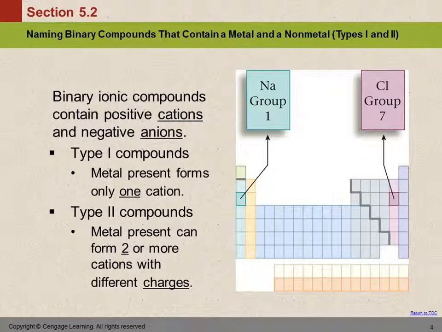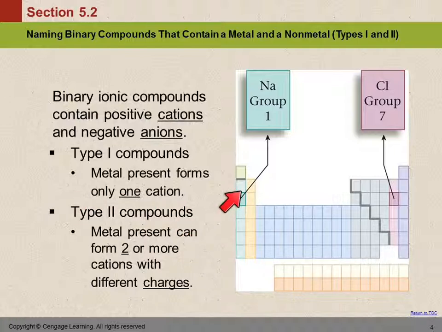So binary compounds that are ionic have cations and anions. So they have a metal and a non-metal. And then this category is broken down into two more categories as well, type 1 and type 2. Well, what does that mean? Well, in type 1 compounds, the metal can form only one cation.